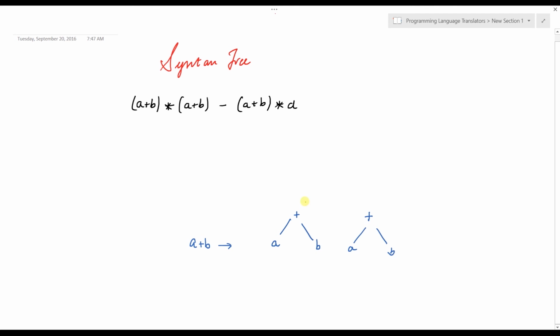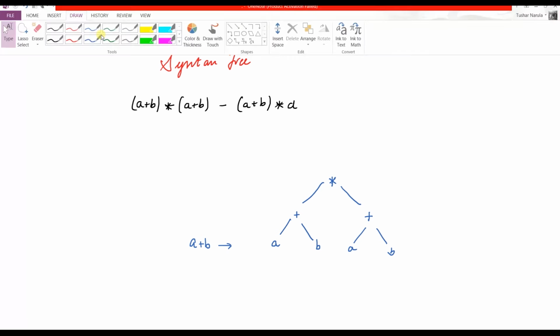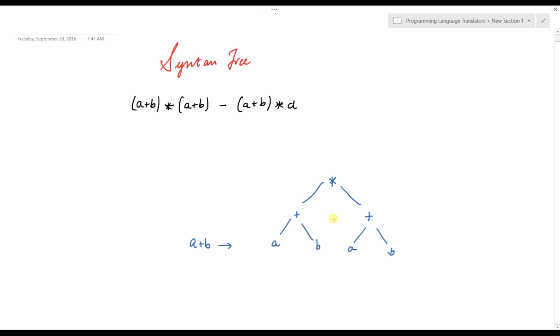Next we would construct (a plus b) star d, so we would construct first a plus b and combine it with d, and then we would join both the expressions with a minus. So now we have the syntax tree for the expression.